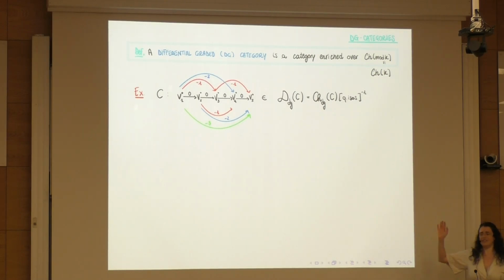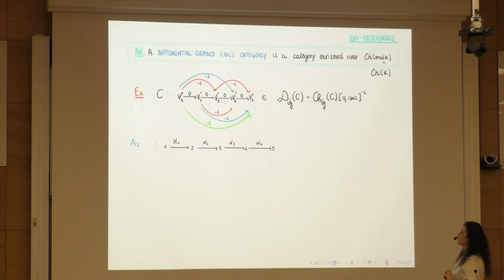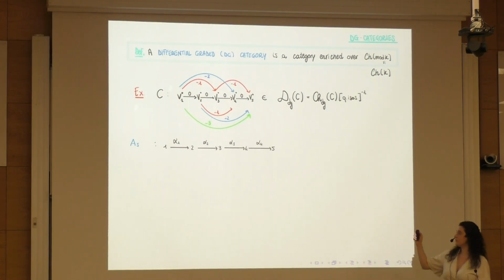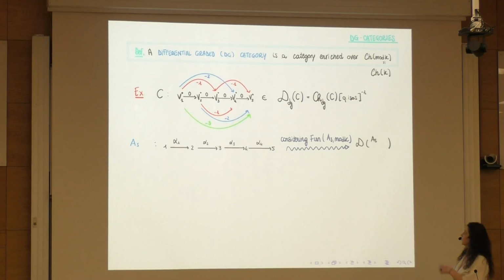Why am I interested in this derived DG category? Because of another category, which is called A5, a small category. And so A5, if I consider the functor from A5 to mod K, modules over K, I can also here define the derived category of this small category.